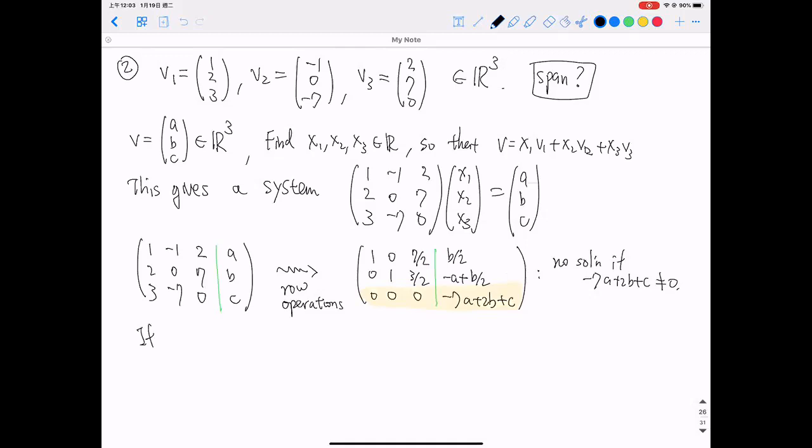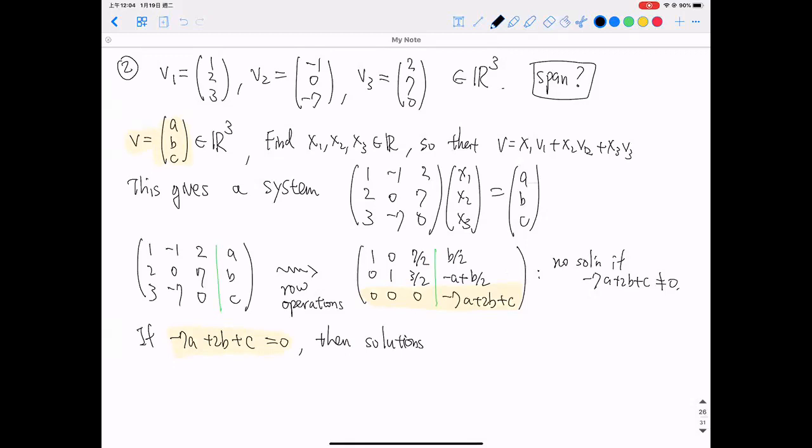If minus 7a plus 2b plus c is equal to 0, notice that this is a condition on the vector v that you're describing. If this condition holds, then there are infinitely many solutions.